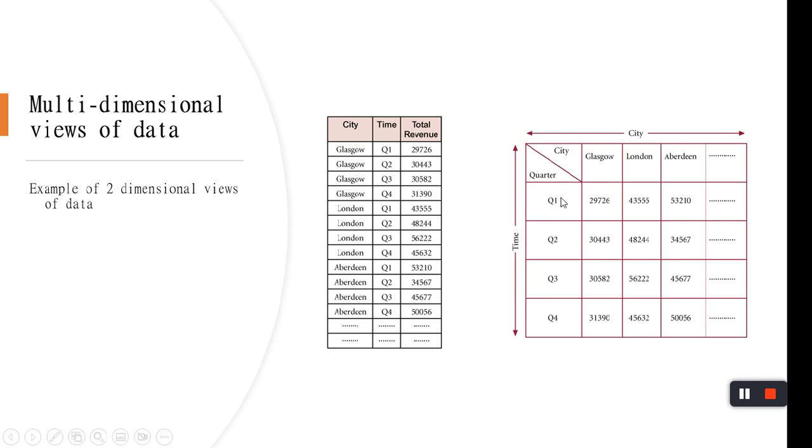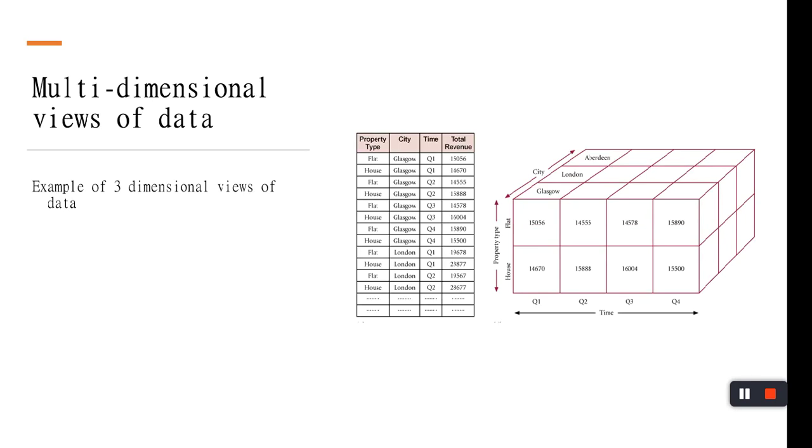You place all the quarters here and then the cities here, and then just match the corresponding amount of revenue to that of the quarter and the city. So it shows us a good glimpse of the same information that is being presented here in the table. This is way better, right? So this kind of information will be retrieved through the use of OLAP.